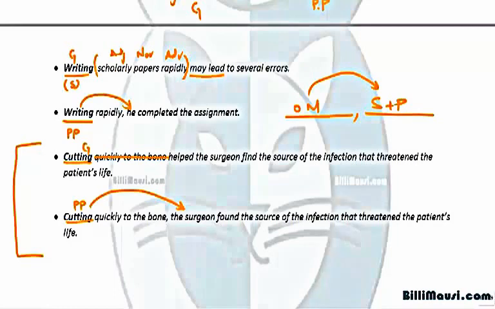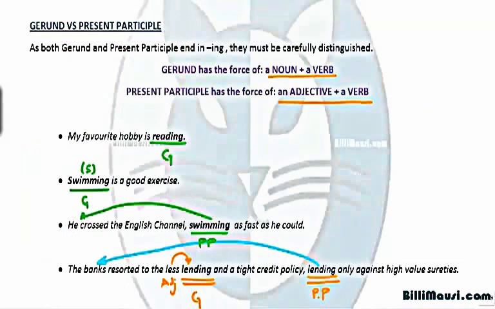So the subject of the following clause is the surgeon. So I hope you must have understood by now the difference between participles and gerunds. When we do more illustrations, you'll be able to understand this even better.